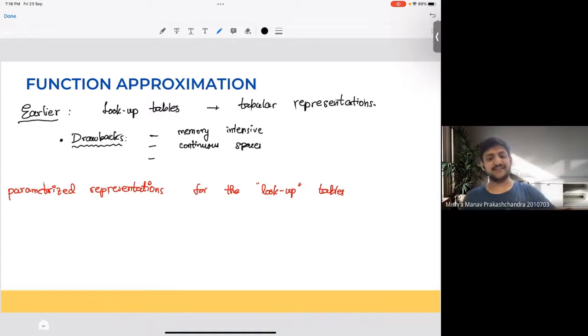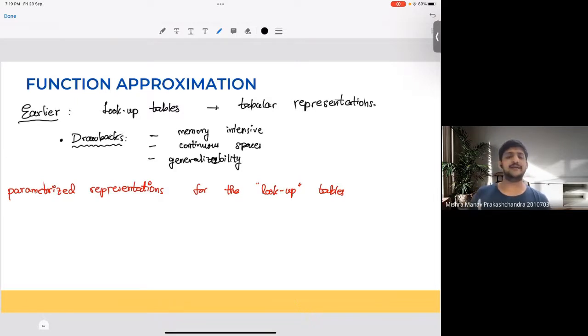Okay, so that's why this doesn't generalize well, since if I have a million cross million size matrix, I would like to visit each state at least a few thousand times. That also adds up to the computation, right?